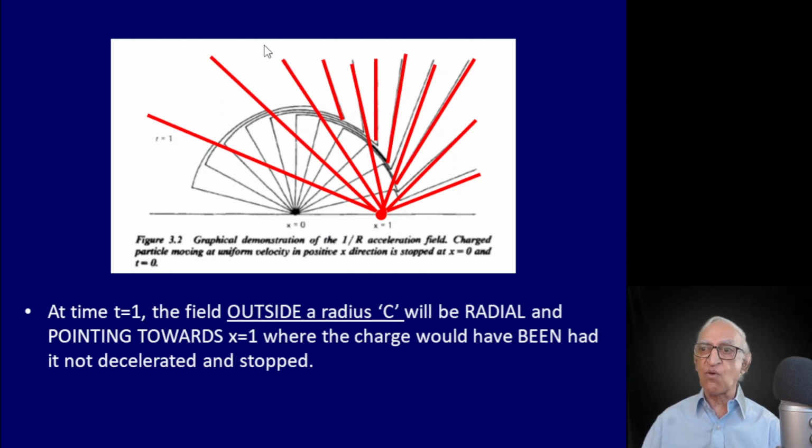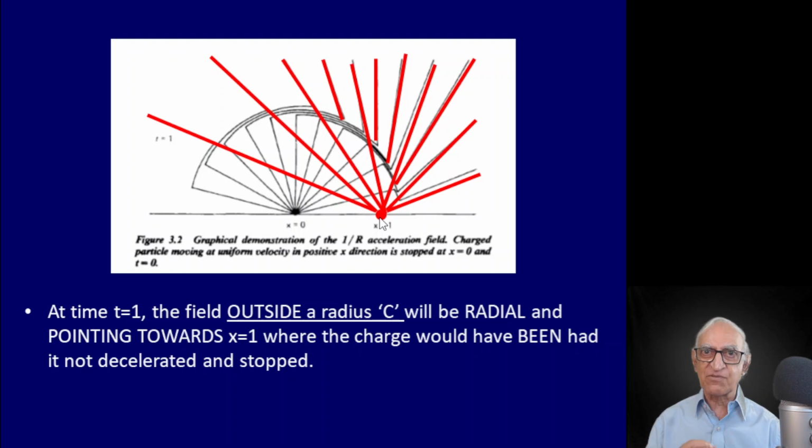Therefore, as far as all this region outside the semicircle is concerned, the charge is still moving with a uniform velocity, and it would have reached the point x equal to 1 at t equal to 1. Therefore, for all observers outside this semicircle, the electric field will once again be radial according to Poisson's equation. Divergence of V is proportional to rho, and it will be directed towards this point x equal to 1. I hope you understand this.